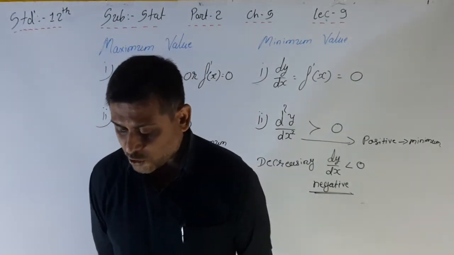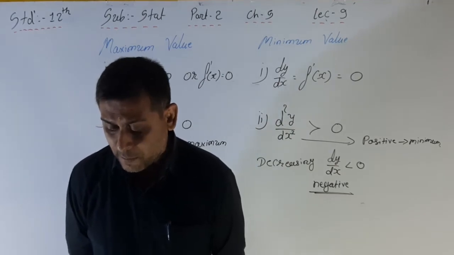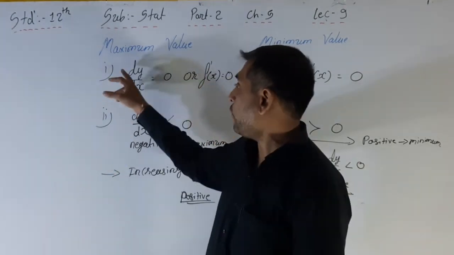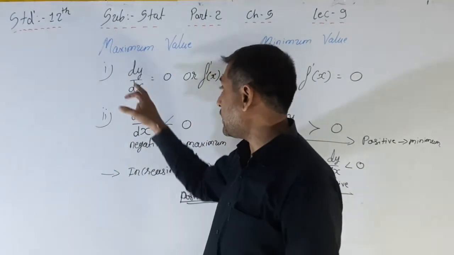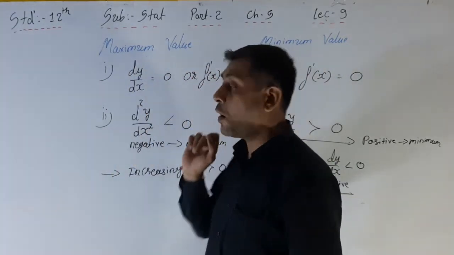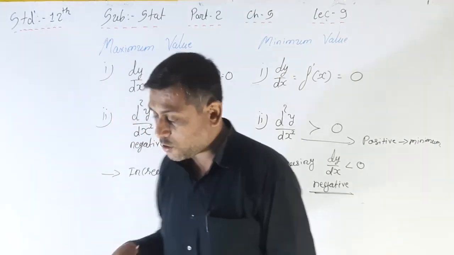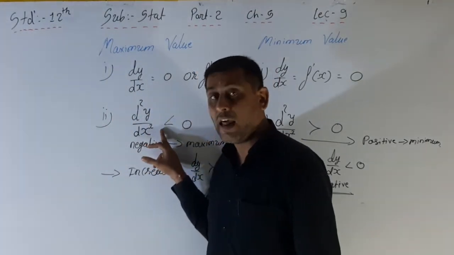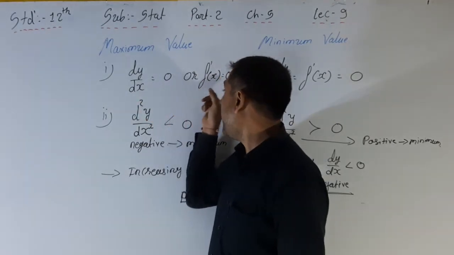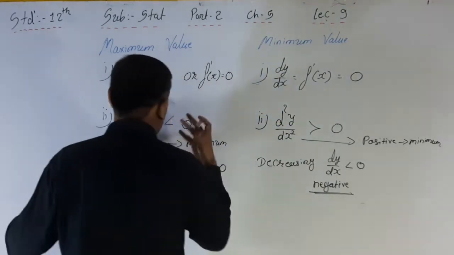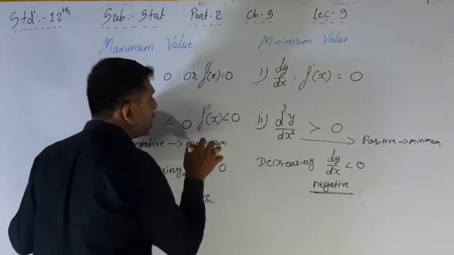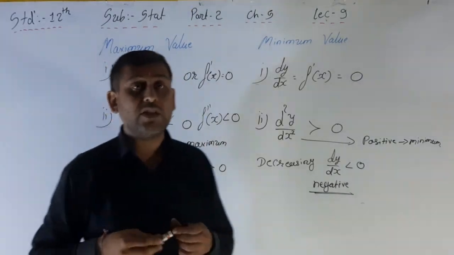The necessary and sufficient conditions for a function to be maximum at x is equal to a are as follows. What is the first? F dash a, that is f dash of x or dy by dx, is equal to 0, compulsory. And what is the second condition? Double differentiation less than 0. Here we can write f dash x is equal to 0, and f double dash x less than 0, at x is equal to a.